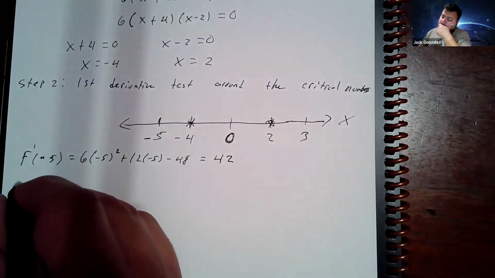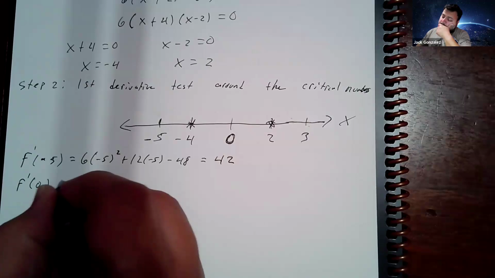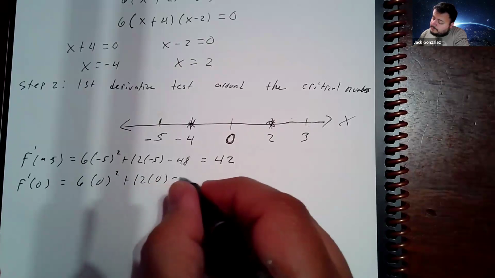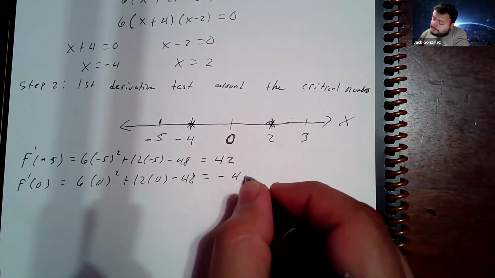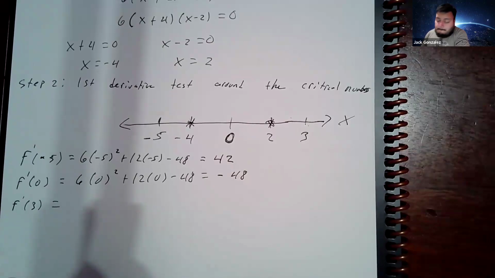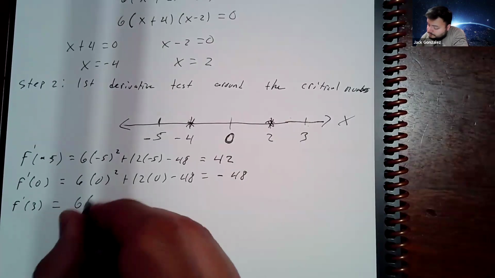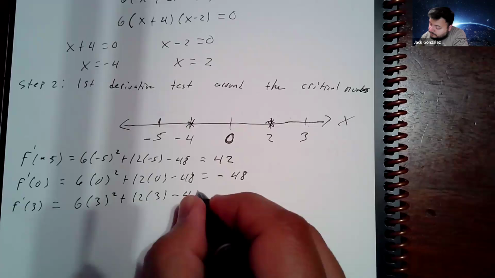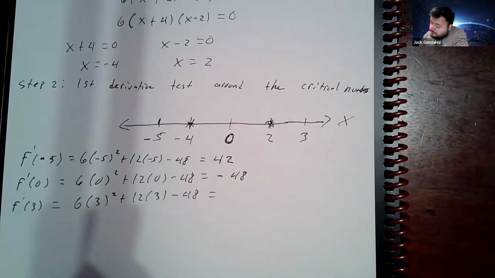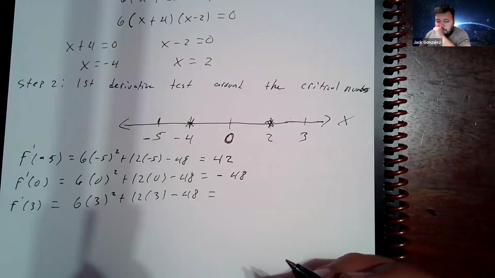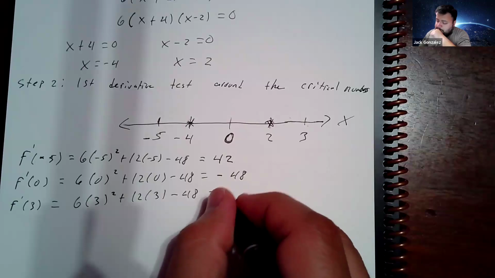Plug in 0, and we get -48. Plug in 3. That gives 42.